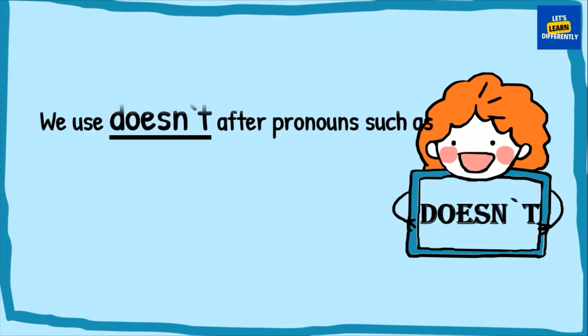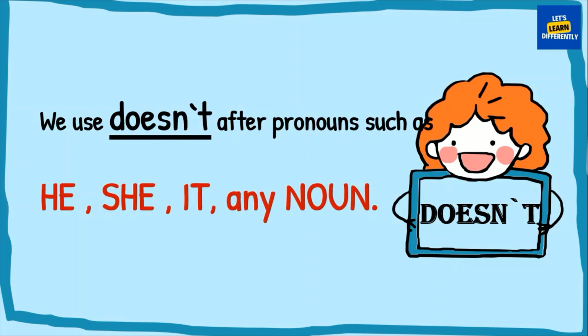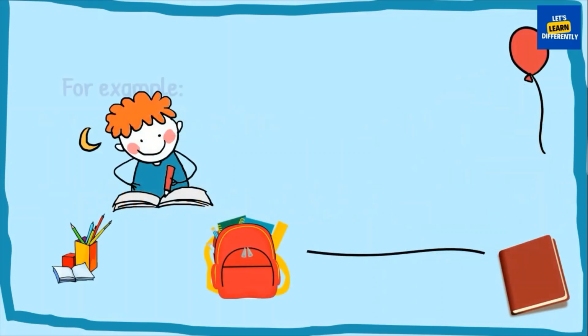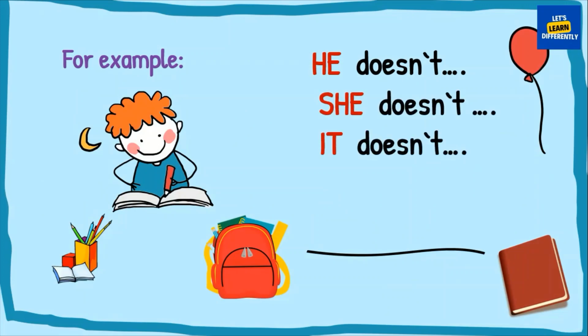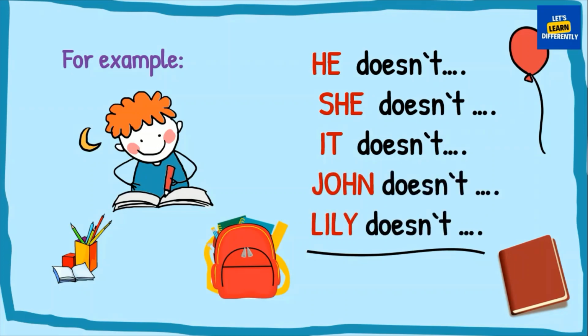Doesn't. We use doesn't after pronouns such as he, she, it, or any noun. For example, he doesn't, she doesn't, it doesn't, John doesn't, Lily doesn't.